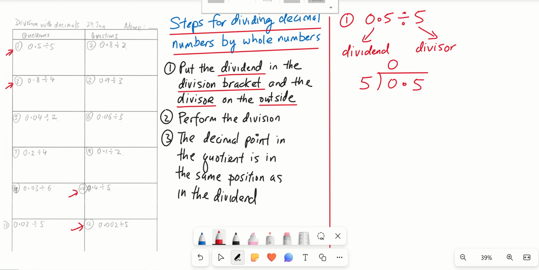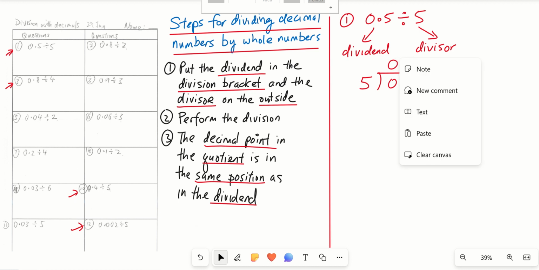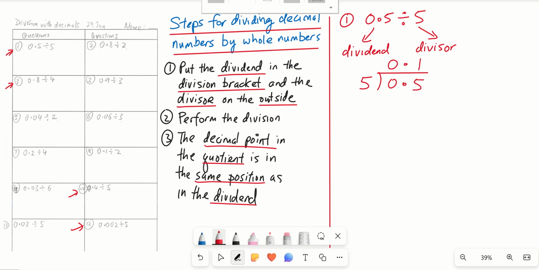And then we look at the next digit, we have 5. So 1 5 goes into 5. And the decimal point in the quotient is in the same position as in the dividend. So we have a decimal point right here. So the answer is 0.1.